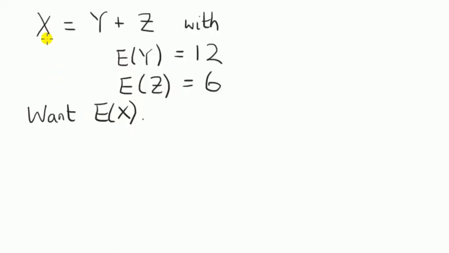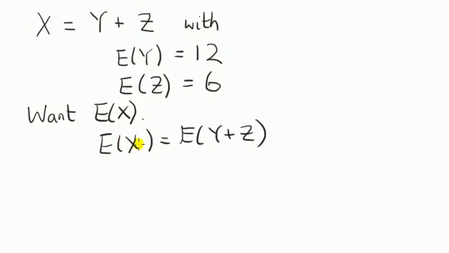Okay, so I've restated the problem here. This is what we know. This is what I want to find. Now, applying the expectation rules, if we take the expectation of the left hand side to get what we want, we have to take the expectation of the right hand side, like so.